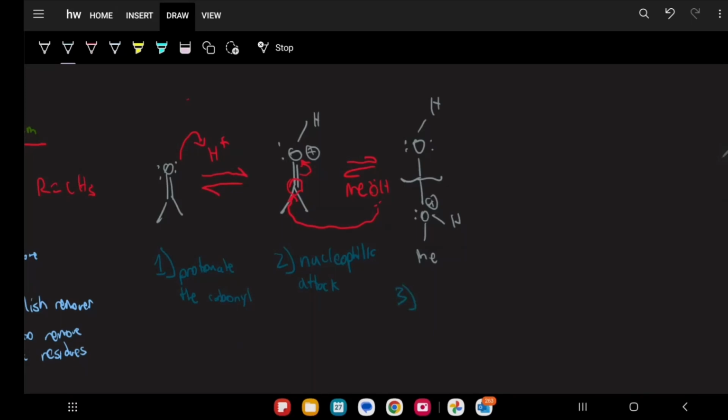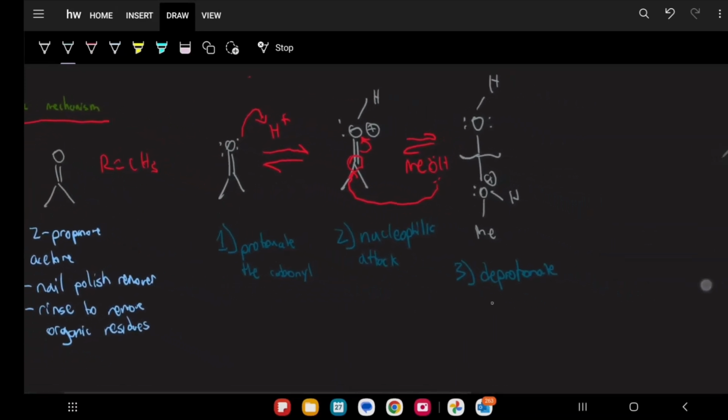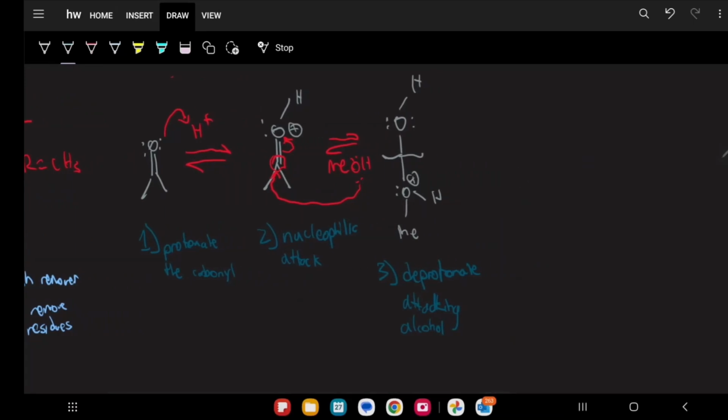The next step is to deprotonate the alcohol that just attacked. This can be accomplished by several different molecules. Here it can be accomplished by H2O or MeOH, or even the conjugate base of the acidic environment that we're using.